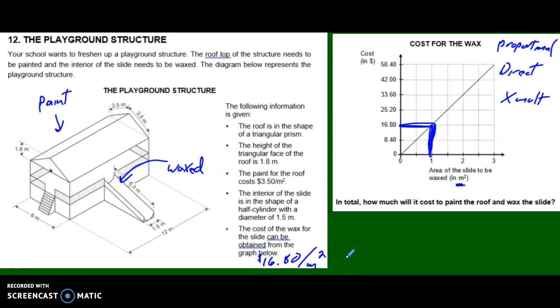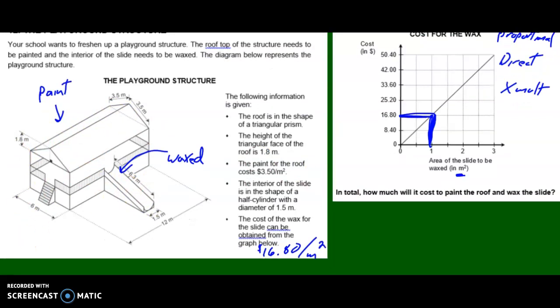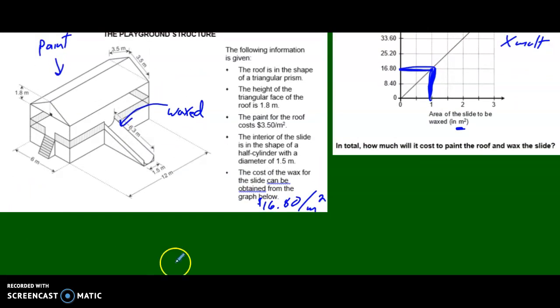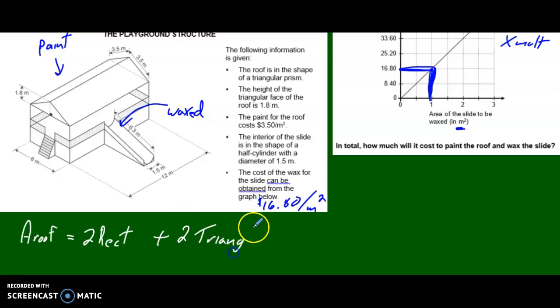Now, this boils down to finding the areas of these two things. Let's work with the roof first. So the area of the roof is 2 rectangles plus 2 triangles. We know how to find the area of a rectangle.